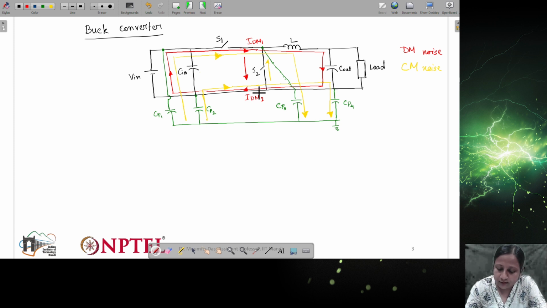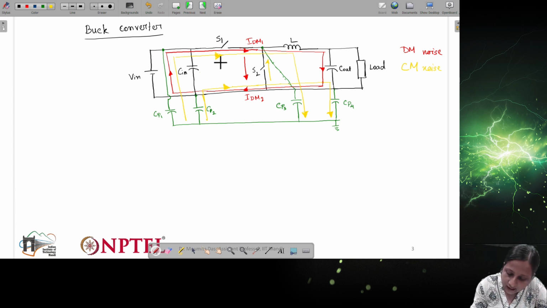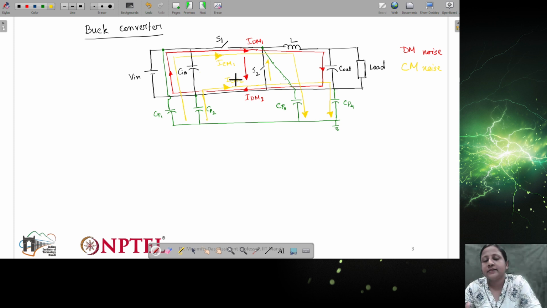Similarly, if I represent ICM1 and ICM2, they are in the similar direction. That is the difference between differential mode and common mode noise.